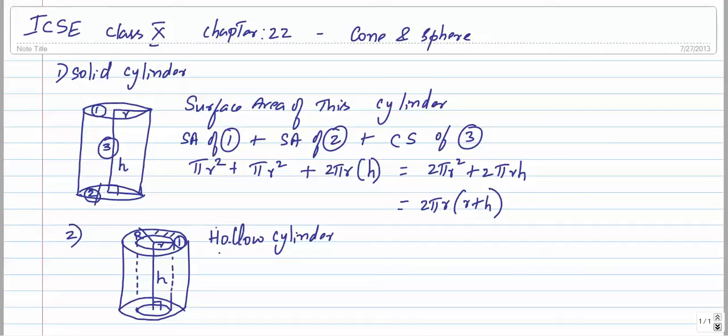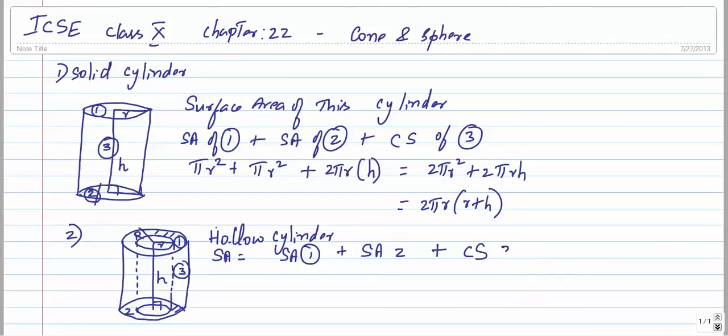So this portion 1, if I want the surface area, I should take it as the surface area of 1 plus similarly the surface area of 2 plus, similar to case 1, I have the curved surface area of this figure, that is 3.